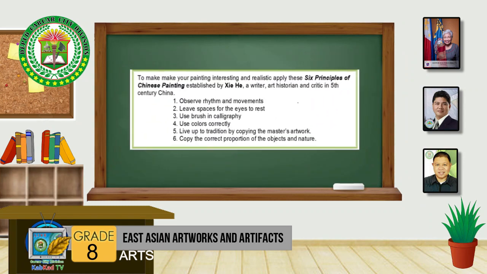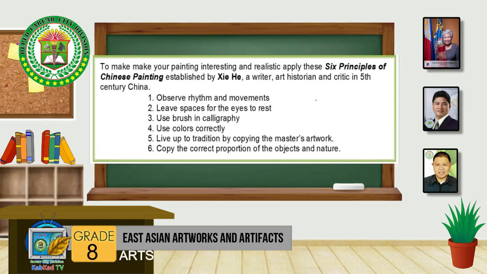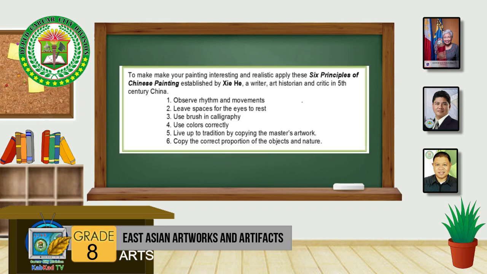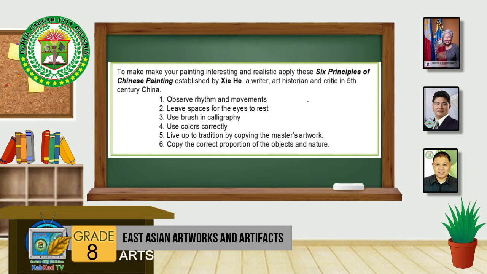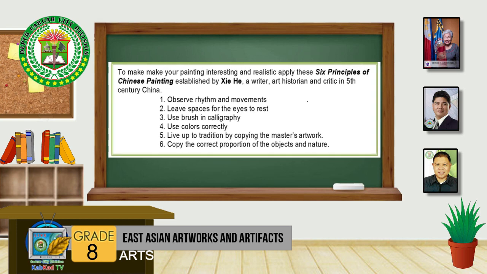To make your painting interesting and realistic, apply these 6 principles of Chinese painting established by Xie He, a writer, art historian, and critic in 5th century China. First, observe rhythm and movements.